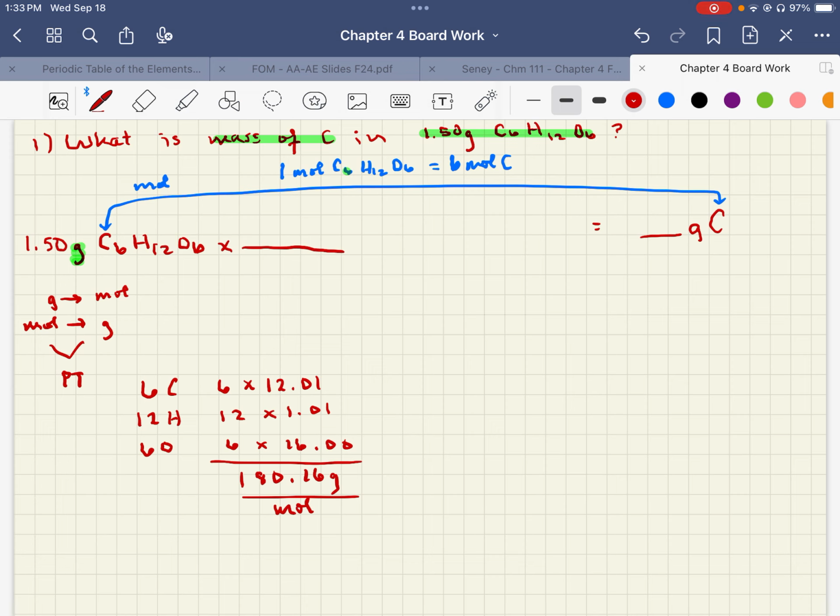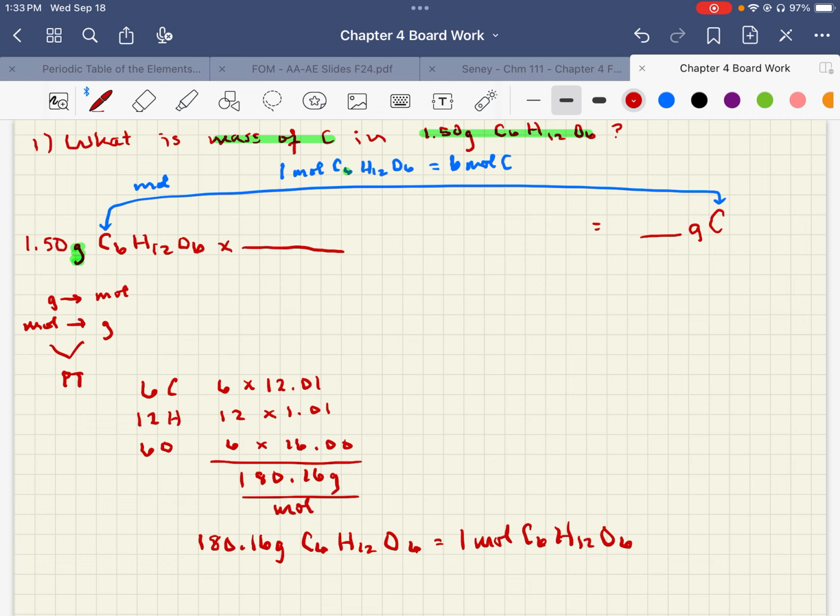What that means is that for every 180.16 grams of C6H12O6, I have 1 mole of C6H12O6. So this is a conversion factor that we had to go to the periodic table for.